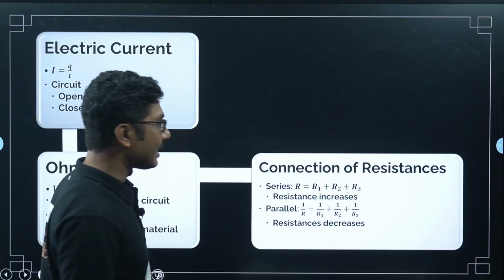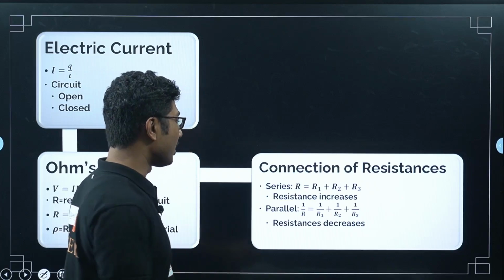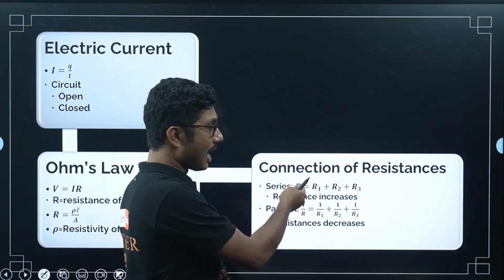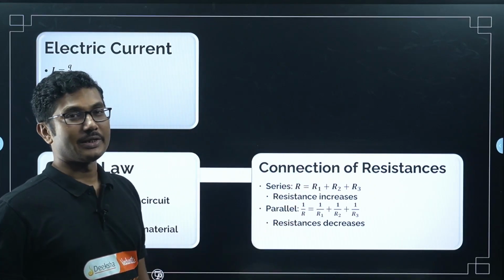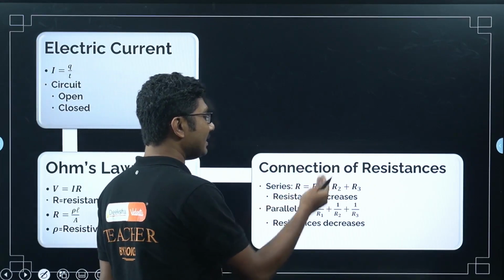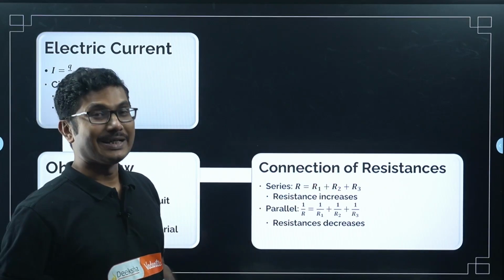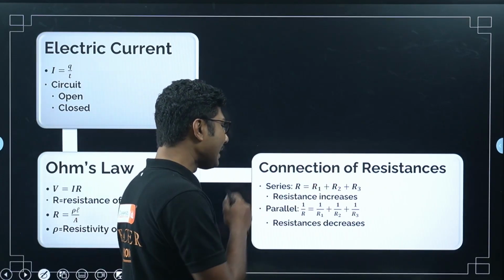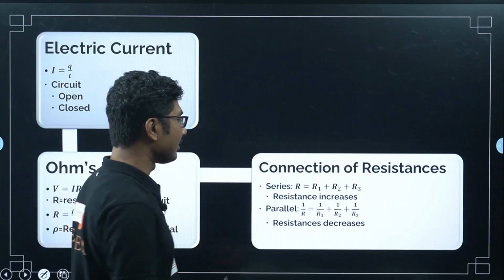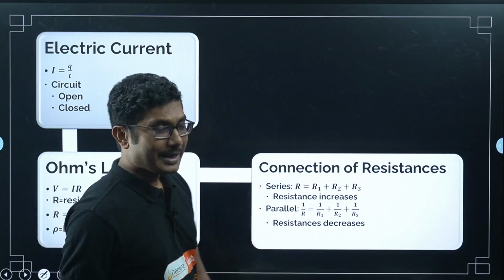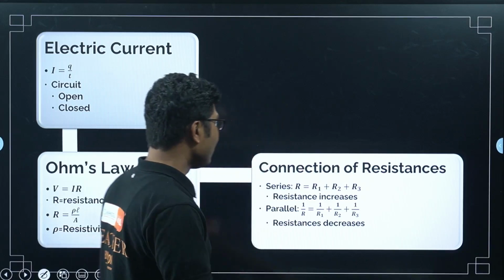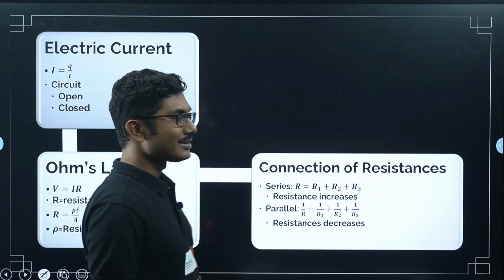Connection of resistances. There are basically two connections of resistances. One is series connection, in which R equals R1 plus R2 plus R3 and so on. When you want to increase the resistance, you have to use series resistance. And in parallel connection, the equivalent resistance is given by 1 by R equals 1 by R1 plus 1 by R2 plus 1 by R3, and in parallel combination resistance decreases.